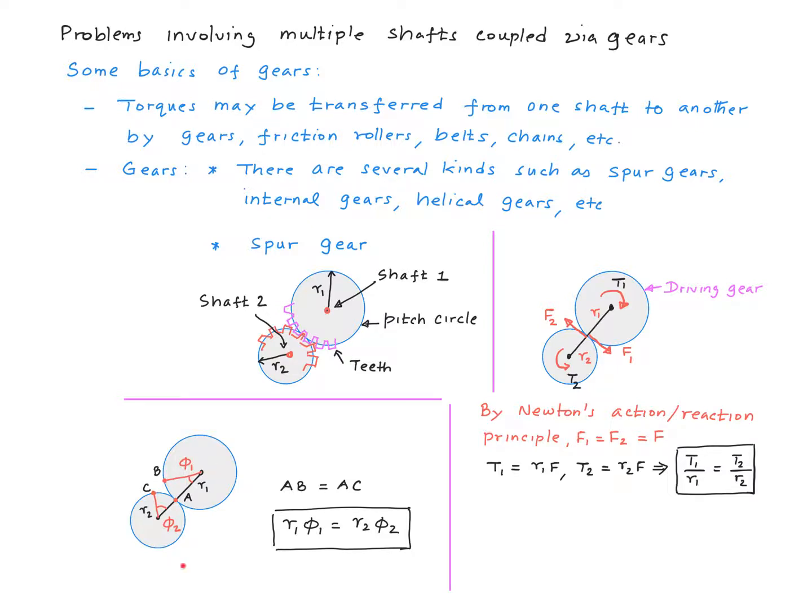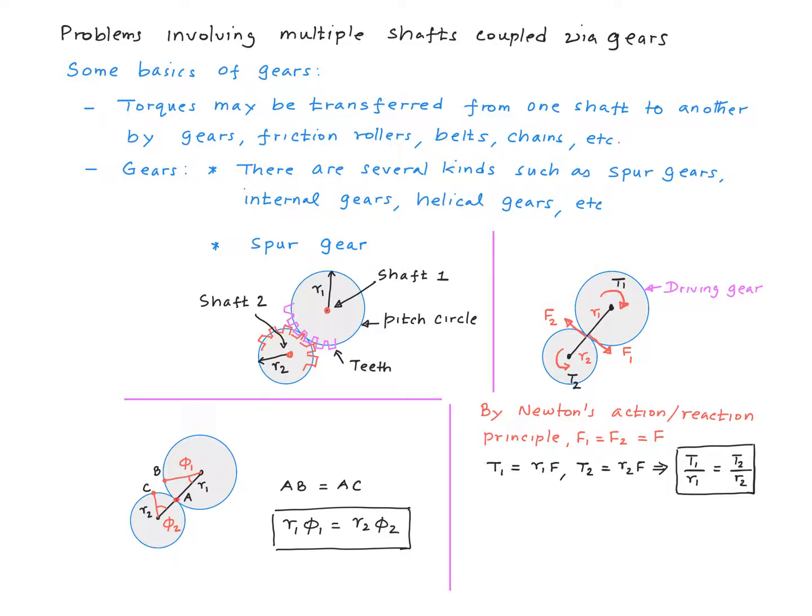The second is a relationship between the angle of twist of the driving gear and the angle of twist of the driven gear. Supposing, say, this first gear rotated by an angle phi1 and the second gear rotated by an angle phi2. Since the two gears must be in contact with each other all the time, the distances traveled by the gears must be equal to each other.